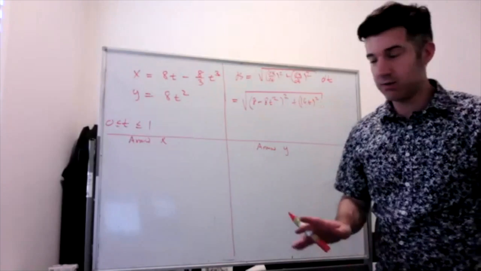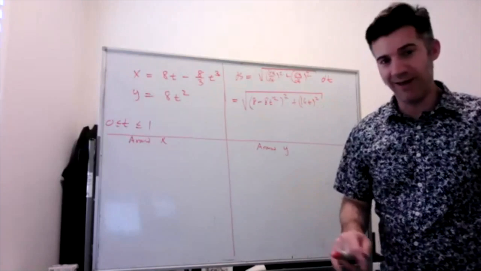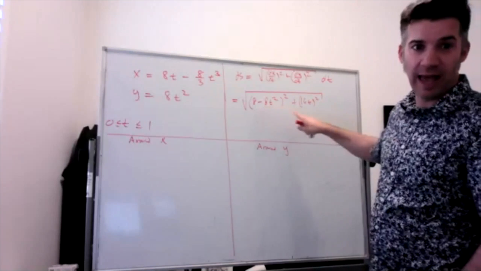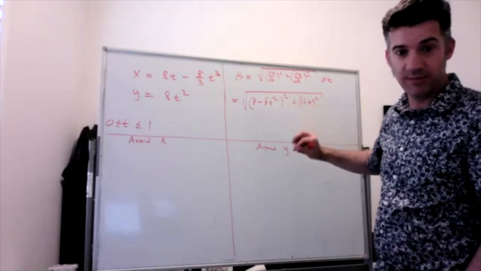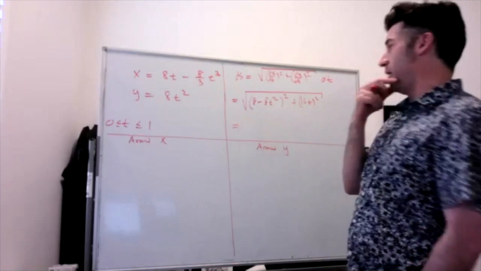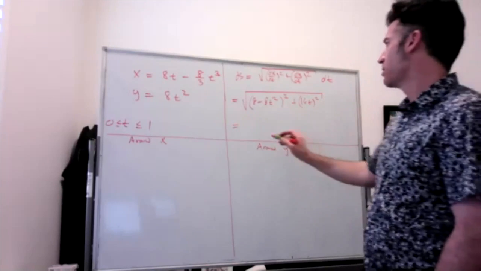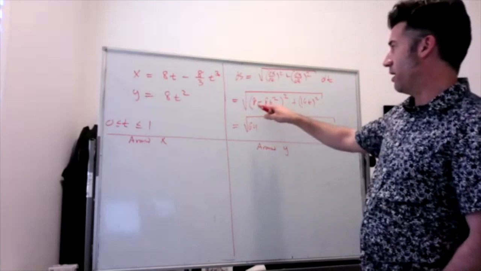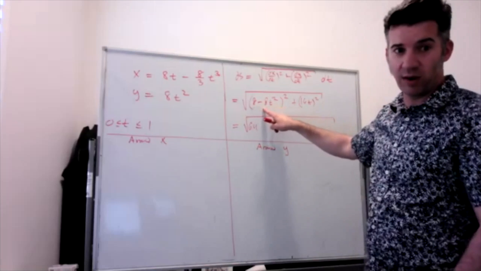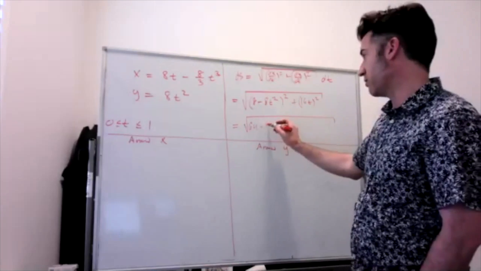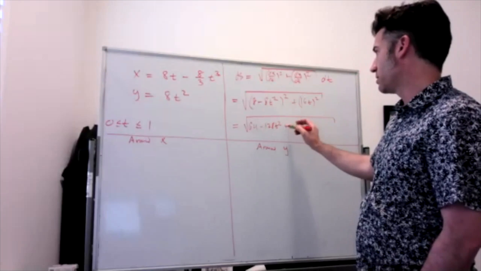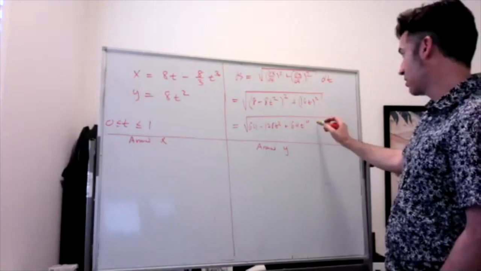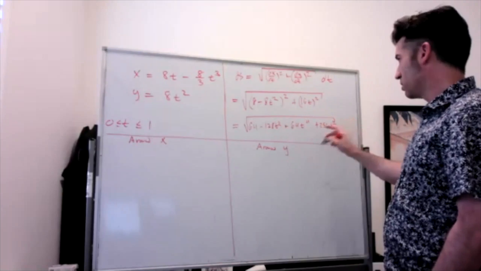I would probably bet my life that as long as I didn't make a mistake, when you multiply this out and add, you're going to get the middle term switching signs. Let's see, multiplying this out, we get 64. And then 8 times negative 8t squared is negative 64t squared times 2, so negative 128t squared plus 64t to the fourth. And 16 squared is 256, which is exactly twice that.